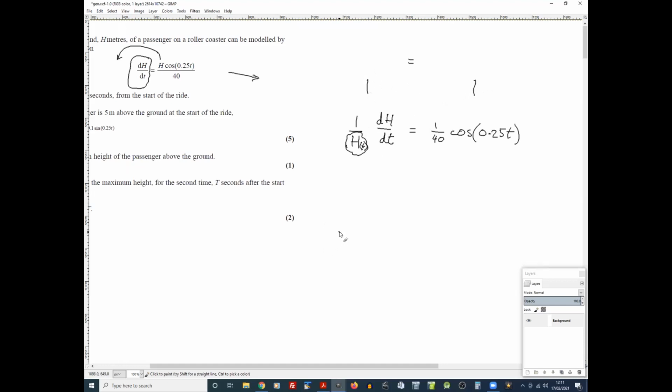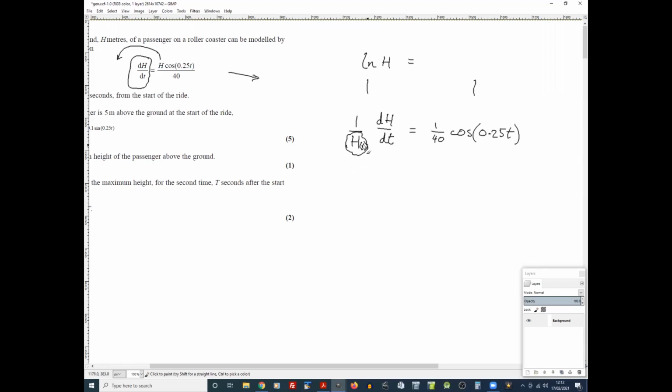Which side would you like to do first with respect to t? The left-hand side. What are you guessing the left-hand side is with respect to t? When we get ln h. Excellent. ln of h of t, yes.